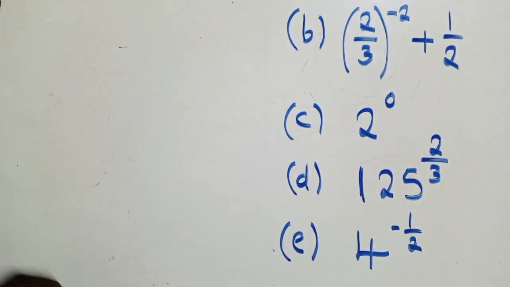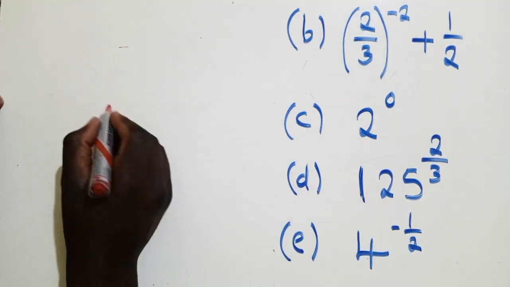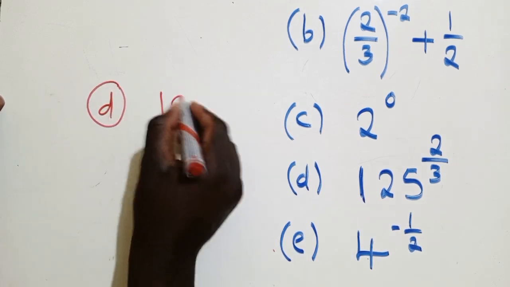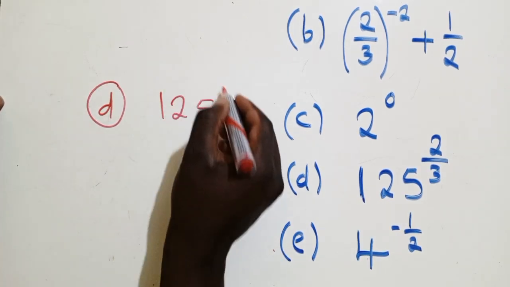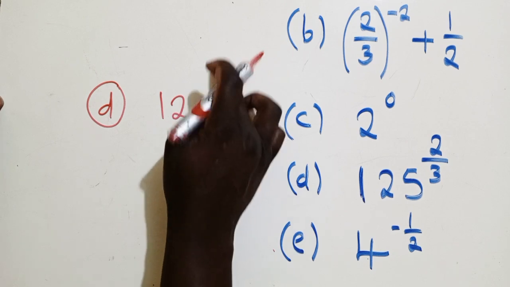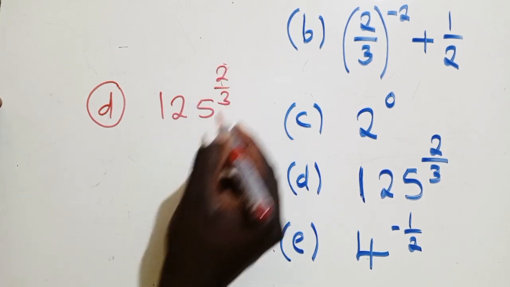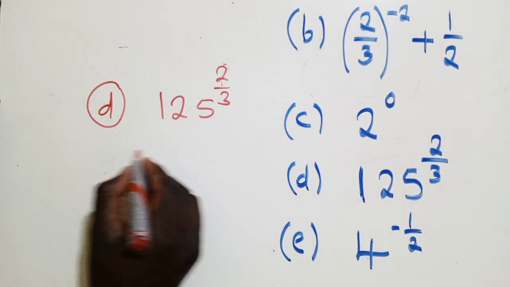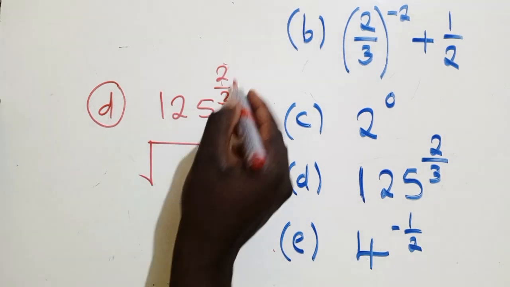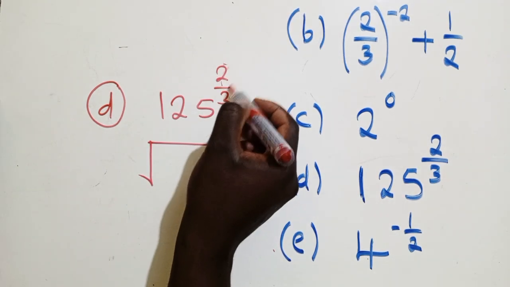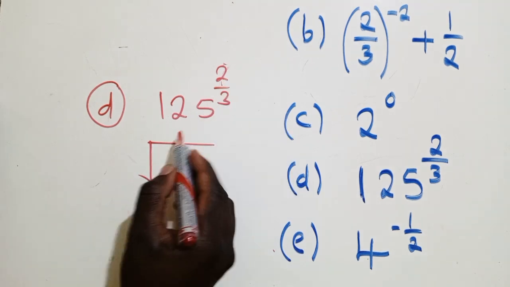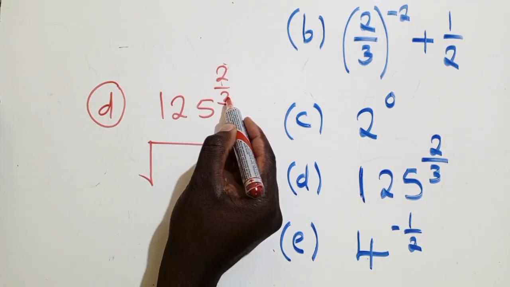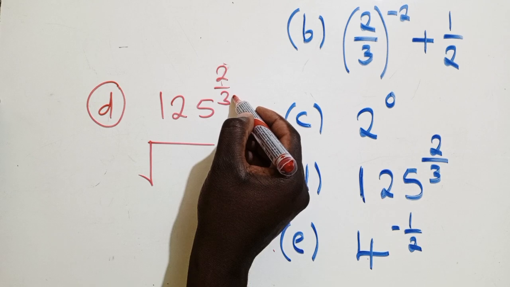For question D, they've given us 2 over 3 as a power. We know that when you have a fraction index, we follow what is down here, the denominator of the index.